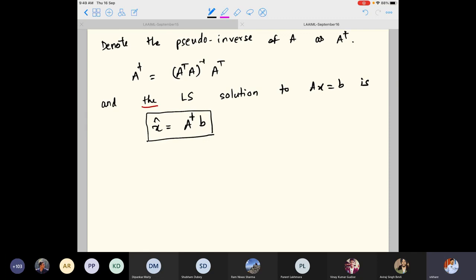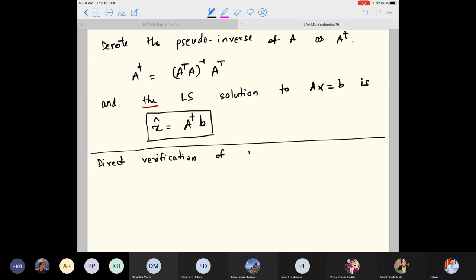So this type of thing you will observe there. I'll just give a direct, algebraic verification of the least squares solution.